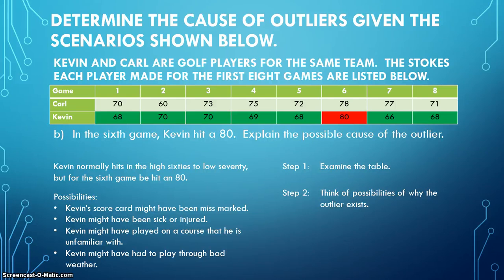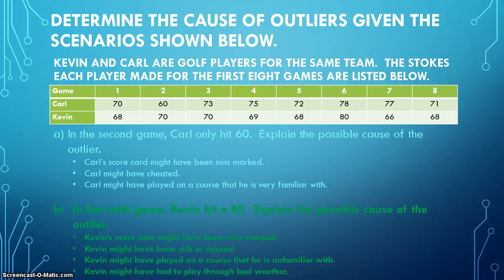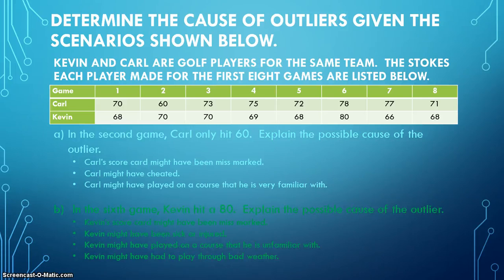And because of that, all of those would be suitable answers for Part B. So, for A, Carl's scorecard might have been mismarked, Carl might have cheated, Carl might have played a course that he's very familiar with, all the possibilities why he did really well in the 2nd game compared to all the rest of his games, I should say. And Kevin's scorecard might have been mismarked, Kevin might have been sick or injured, Kevin might have played a course he's unfamiliar with, or Kevin might have played through bad weather. All the reasons why his 6th game was way worse than all the rest of his games.